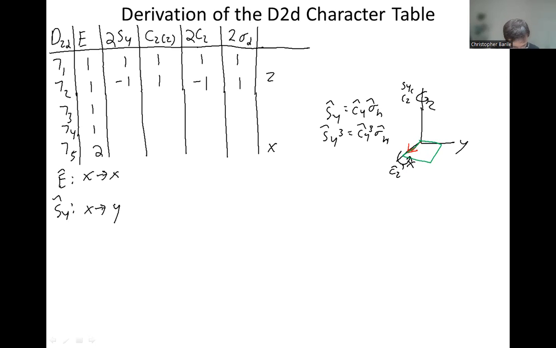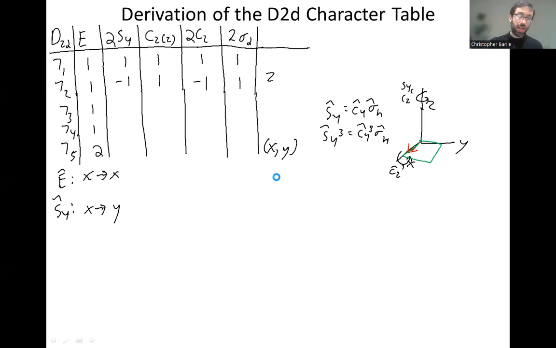Well, that's kind of interesting, because X goes into Y. And so what that tells you is that you cannot describe how the X vector transforms by the S4 operation without also invoking Y. Another way of saying that is that X and Y transform together.